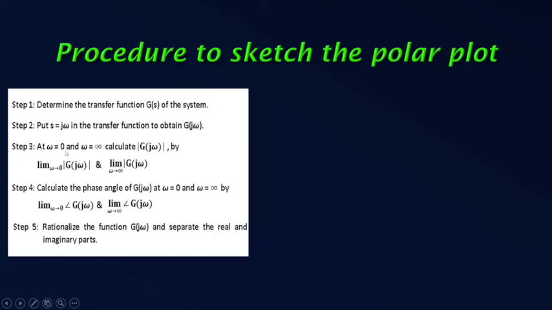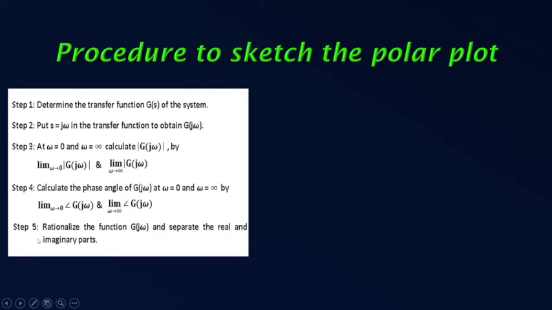At omega equal to 0, find the magnitude of G(j omega), and when omega equal to infinity, find the magnitude of G(j omega). Step 4. Calculate the phase angle of G(j omega), when omega equal to 0 and when omega equal to infinity.